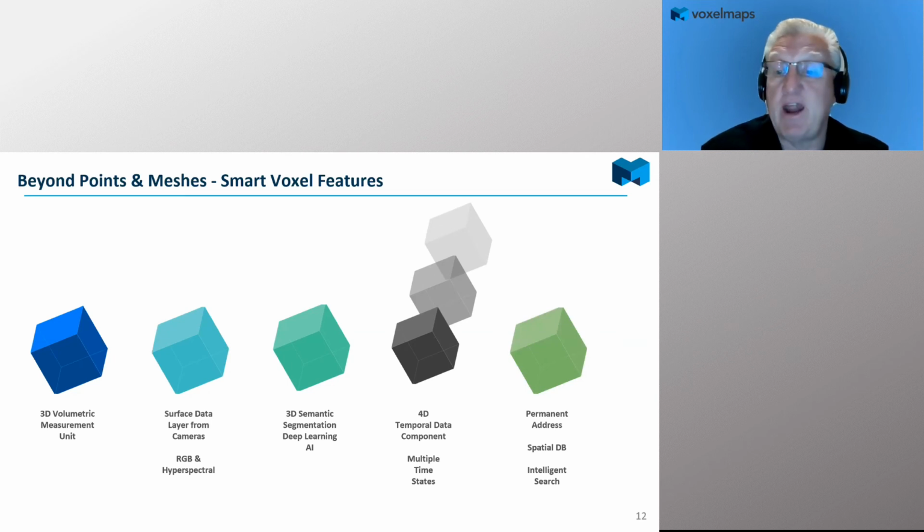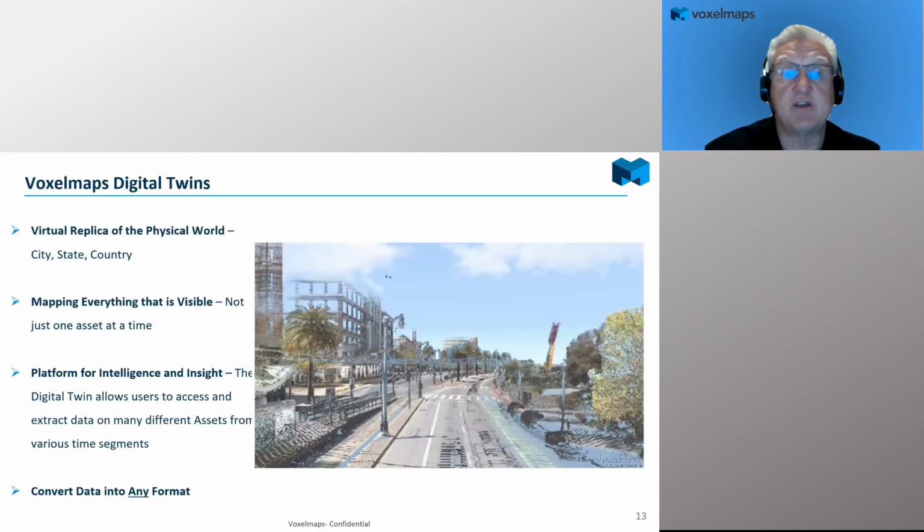And everything has a permanent address. Each voxel has its own permanent address within the spatial database. So it really supports this intelligent search concept, to be able to search and perform change detection within those objects. In terms of the digital twin, that's really our goal, to create this digital twin of the planet, at the city, state, or country level, mapping everything that's visible to the sensor.